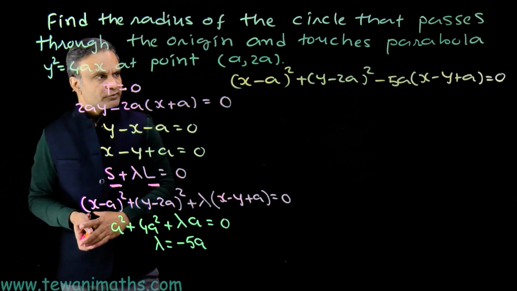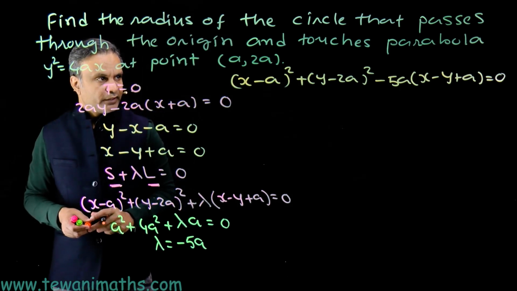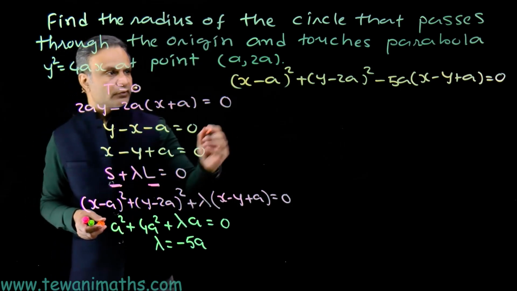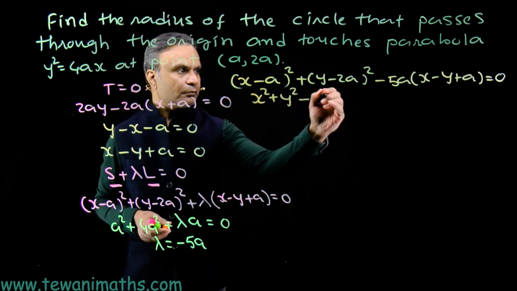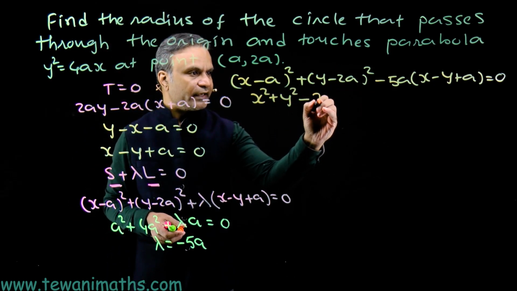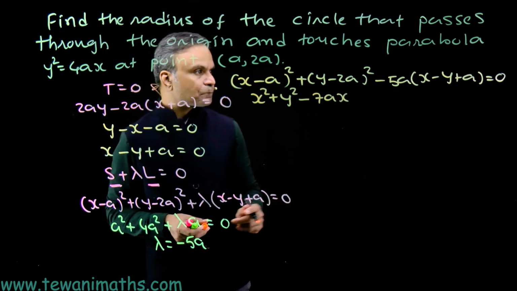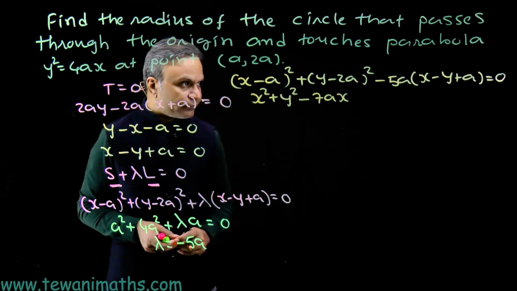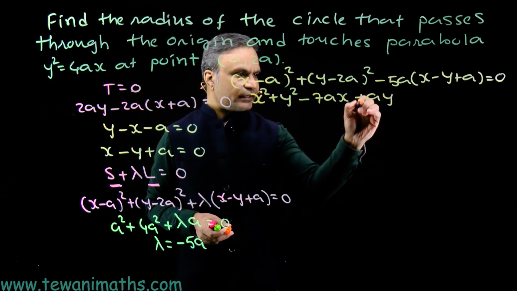And from this equation we can find radius. For that we put this equation in general form. Equation will be x square plus y square minus 2ax minus 5ax will be minus 7ax, minus 4ay plus 5ay will be plus ay.